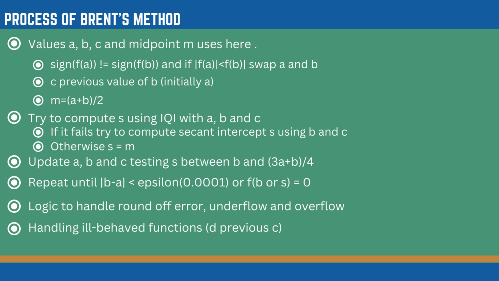Then we initially make C as A, but after that we swap with B. Then we compute using IQI with A, B, C. That's the process you are seeing in the slide: we are updating A, B, C, testing S, and this process repeats until B minus A is less than our convergence tolerance.